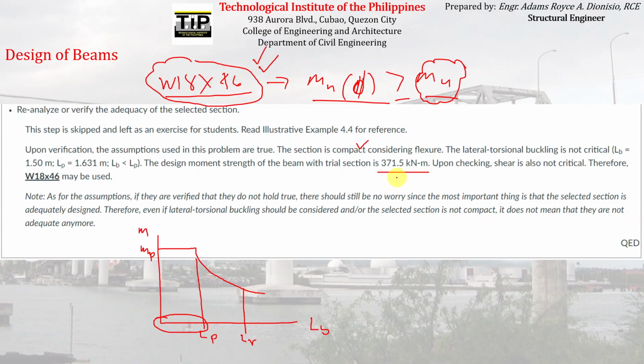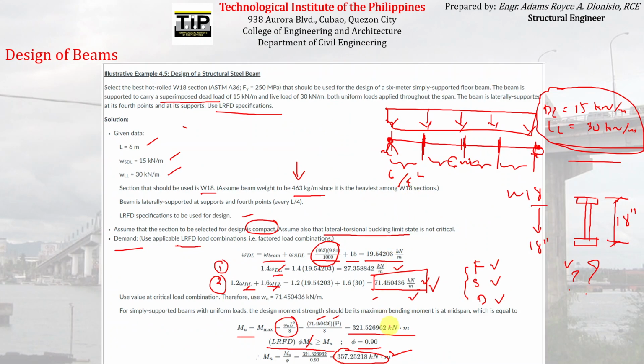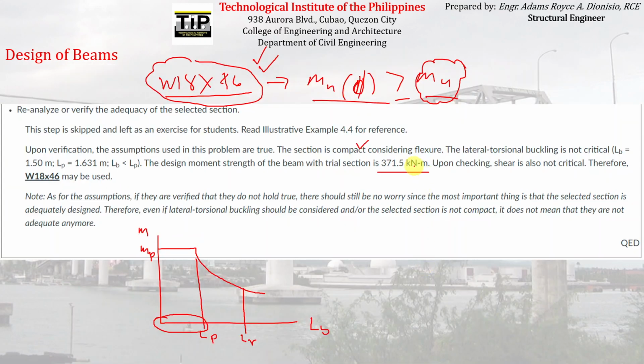Simply because we have already computed that the maximum moment they can induce, assuming that the weight of the beam is as large as 463, is just equal to 321. But since the weight of the steel beam is actually less than 463, you can expect that the actual demand is less than 321. So maybe it's just 300 or 280, which is way less than the capacity of the W18 by 46. Therefore, the trial section that we have chosen is actually safe.